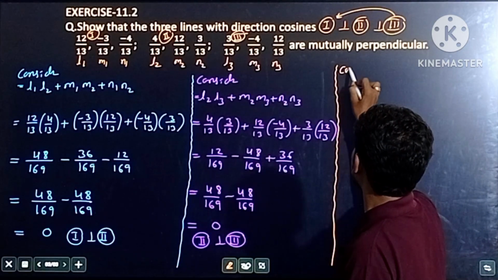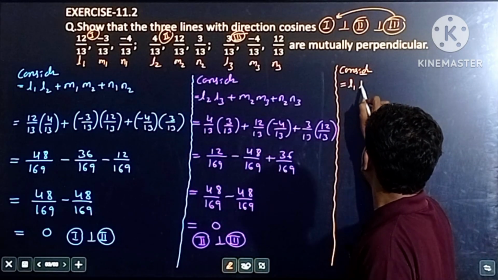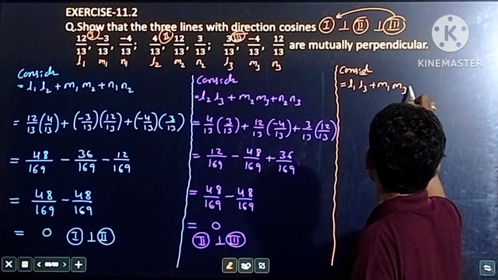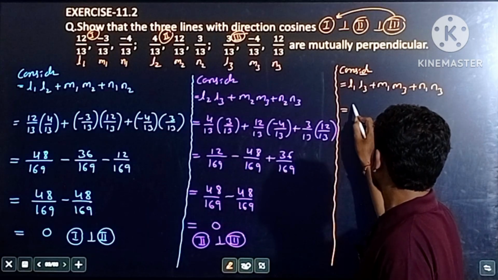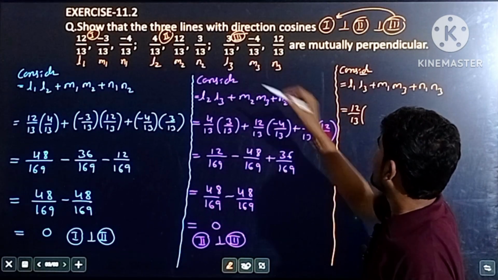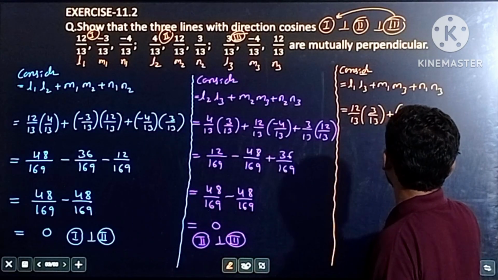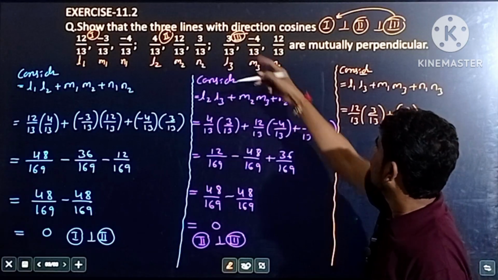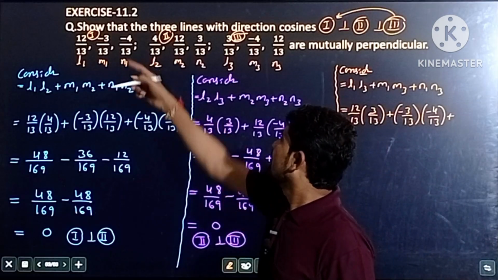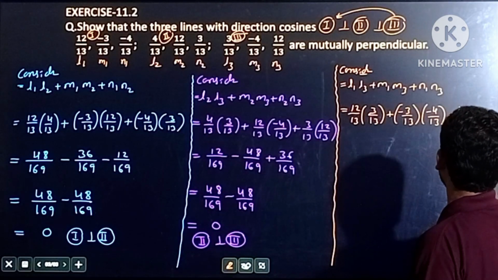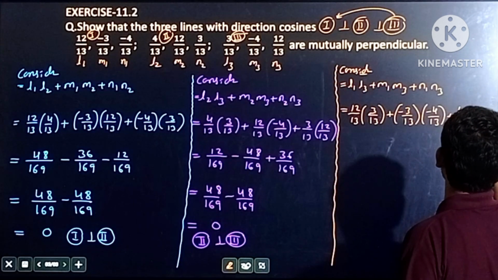So let's consider L1 L3 plus M1 M3 plus N1 N3, which is equal to: the value of L1 is 12 by 13 into L3 is 3 by 13, plus M1 is minus 3 by 13 into M3 is minus 4 by 13, plus the value of N1 is minus 4 by 13 into N3 is 12 by 13.